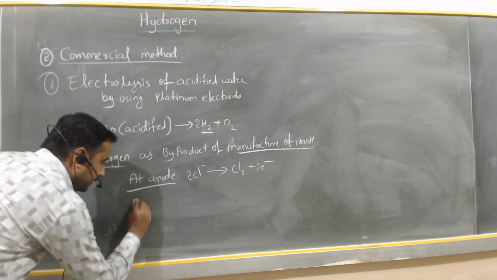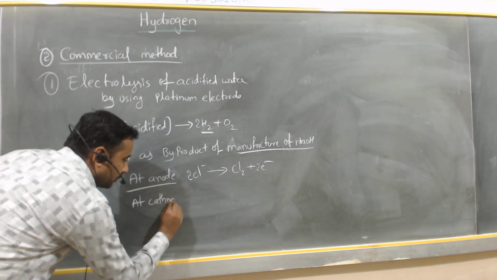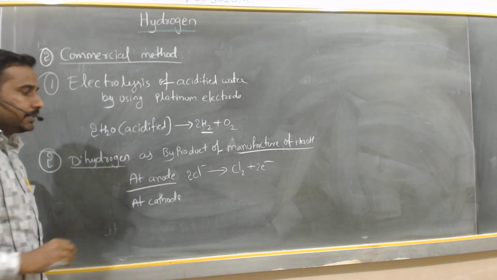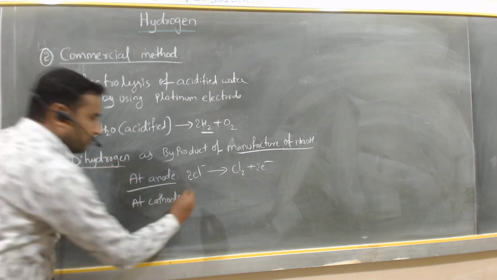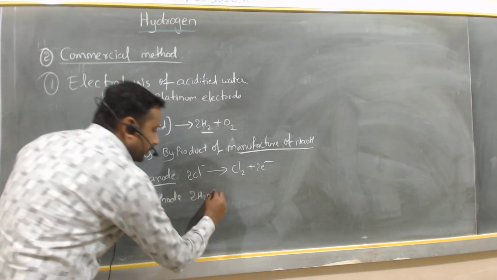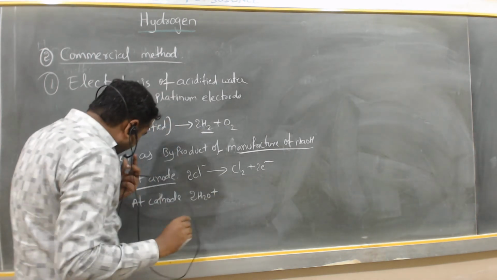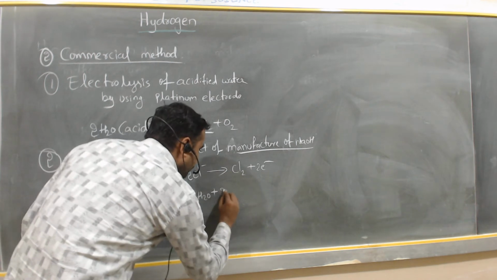Next is the cathode. At the cathode, the water molecules 2H2O gain the 2 electrons.